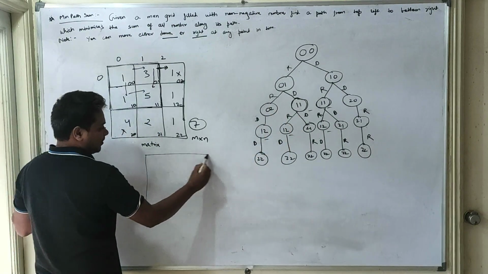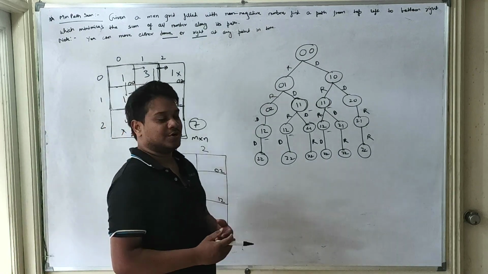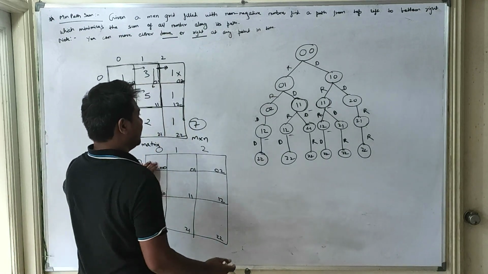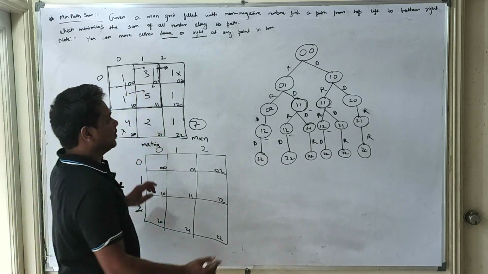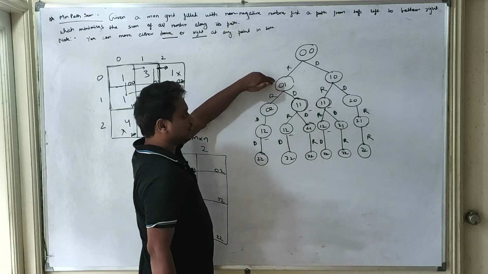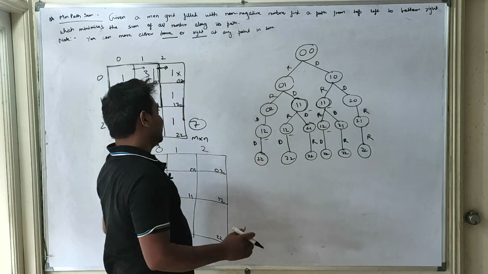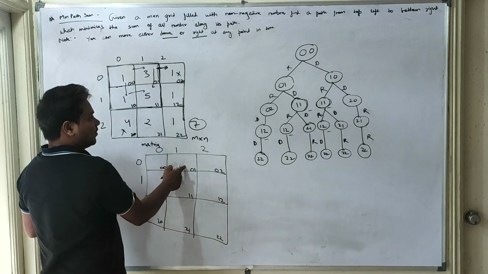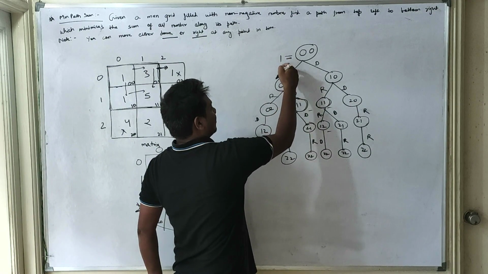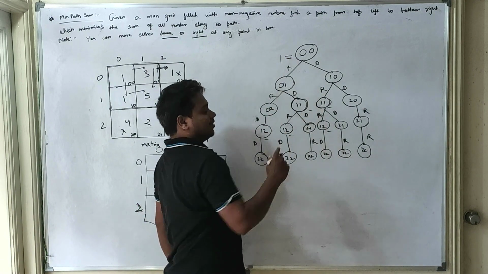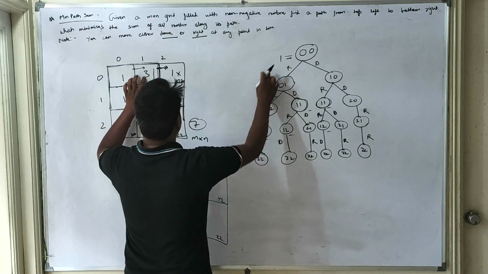Suppose we create a solution matrix. In the solution matrix, what we can observe is, if we have to go from 0 0 to 0 1, this is our source, this is our destination. There is only one path, we can only move right. So from 0 0 to 0 1 there is only one path, provided we add the value of this cell to the next cell, that is 0 1. 0 1's value is 3, so 3 plus 1 would be 4.